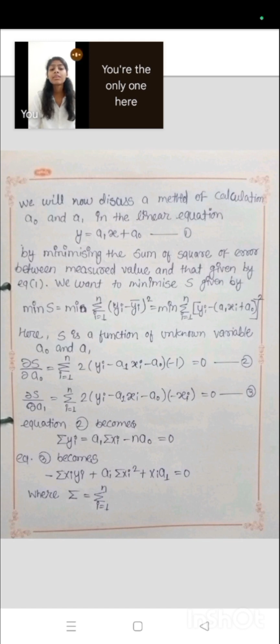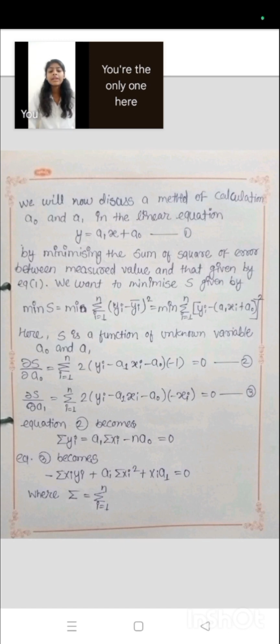Here S is a function of the unknown variables, so we take the derivative of S with respect to a0 and a1.